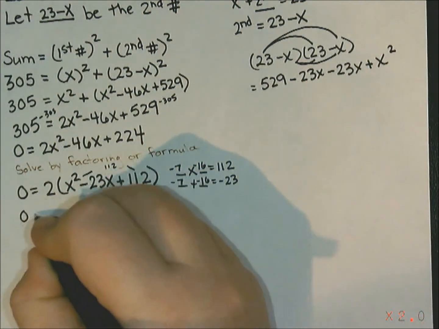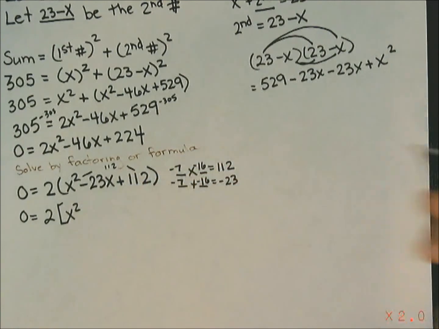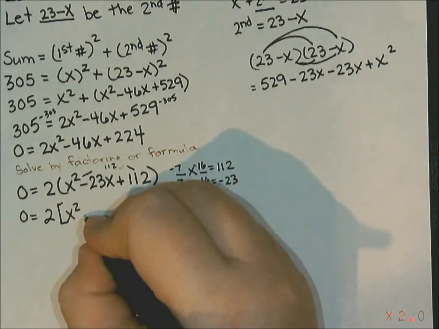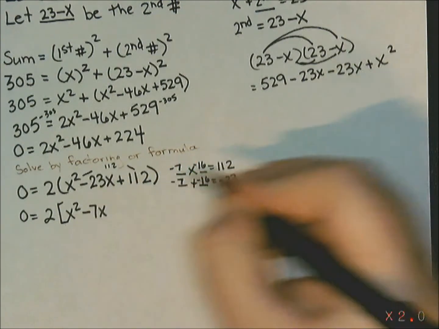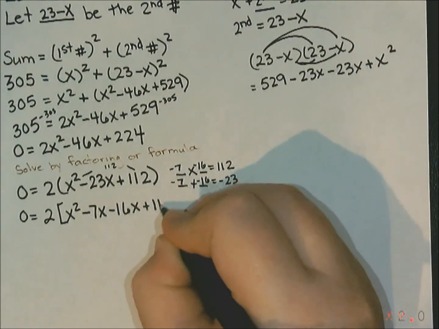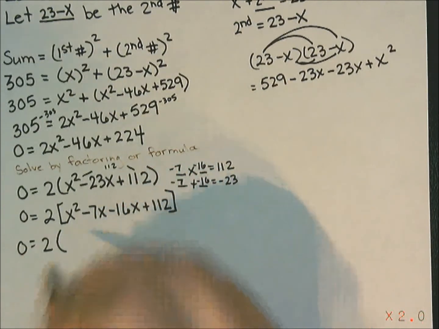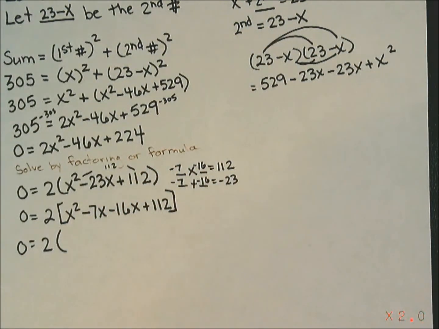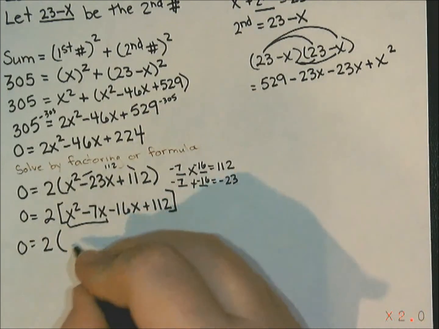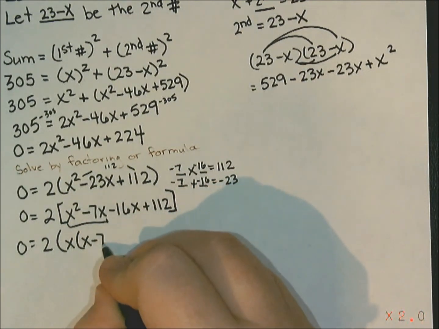So, I'm going to leave the 2 in front. We have x squared. Doesn't really matter here, so minus 7x minus 16x plus 112. Out of the first pairing, I can take out an x that they have in common, and I'm left with x minus 7.